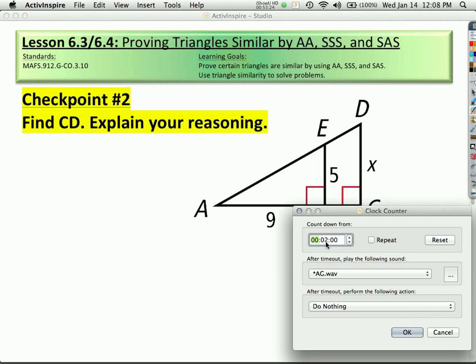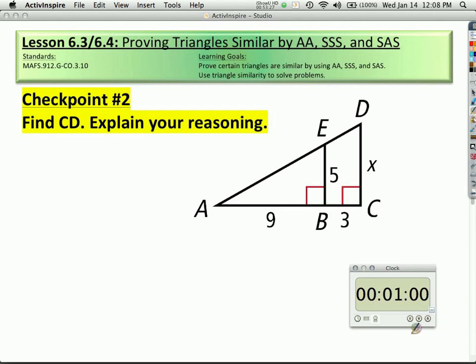You have 1 minute to compare your answers with your teammates or to finish up.